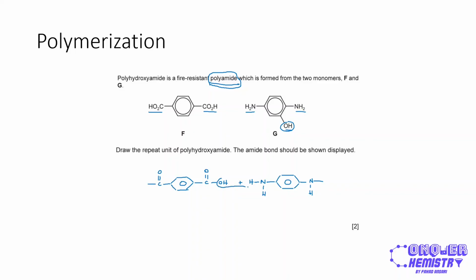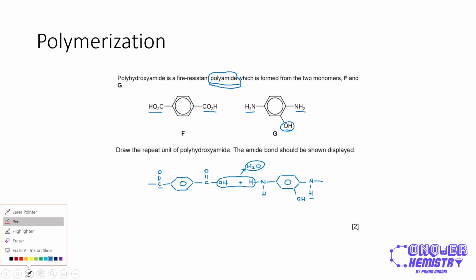Now, the OH over here and the H over here will be removed as water. This is the side product, byproduct. And before I forget, I have to have the OH as a side chain that does not react in this case. So the reason why I've drawn a C double bond O over here on the left and an NH single bond on the right is because of the OH being lost from the carboxylic acid and the H being lost from the amine group to form H2O, right?